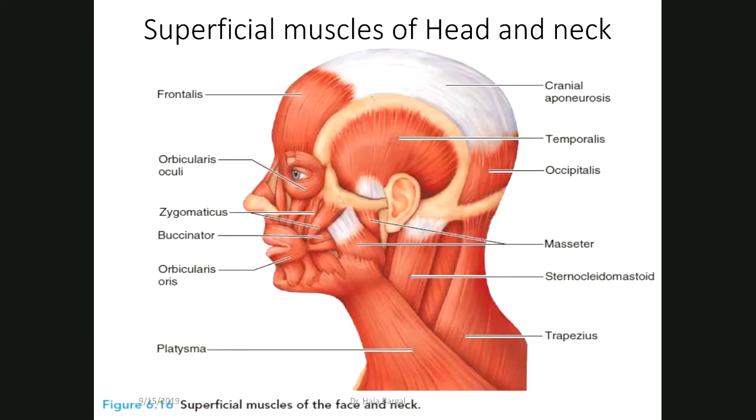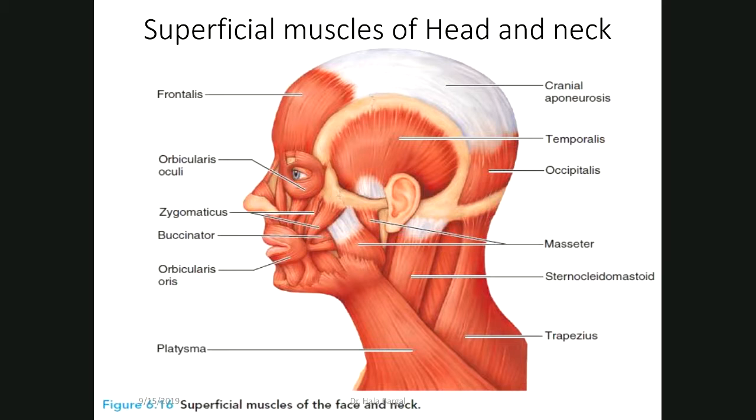Now we have to discuss the most superficial muscles of the head and neck. These muscles are responsible for all the facial expressions. Let us start with what we call the occipitofrontalis.